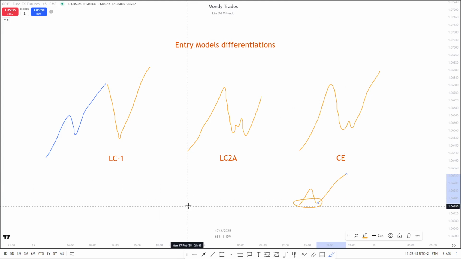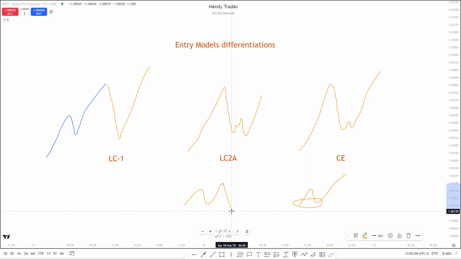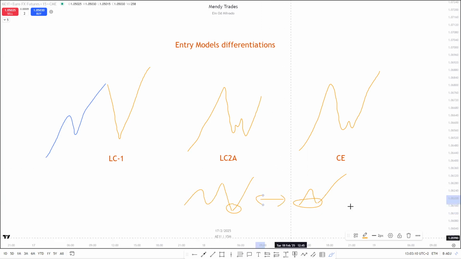But on LC2A, we want the low to be swept before we even take the trade. We want to see a low being created and then taken, and then we look for an entry.